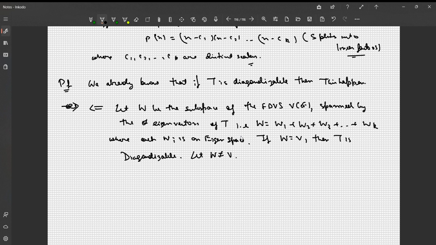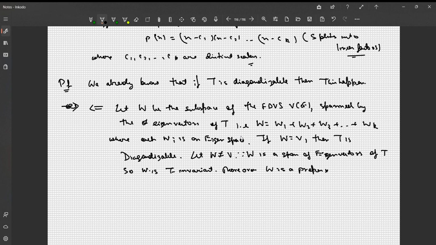So what we do is that we consider that W is not equal to V, and then ultimately we will reach some point of contradiction. So let W be not equal to V. But that means W is a proper subspace of V, right? And since it's a span of eigenvectors of T precisely, W is T invariant, right?